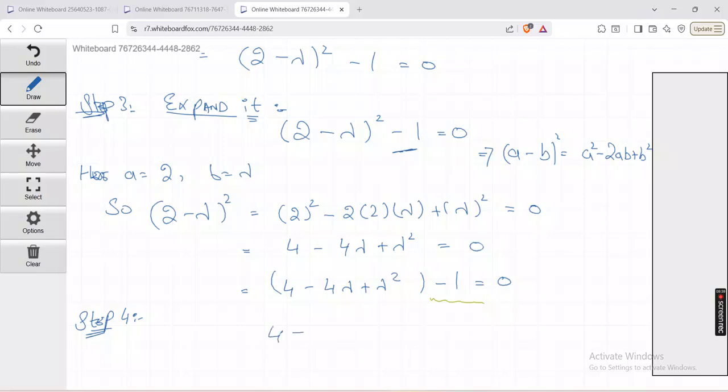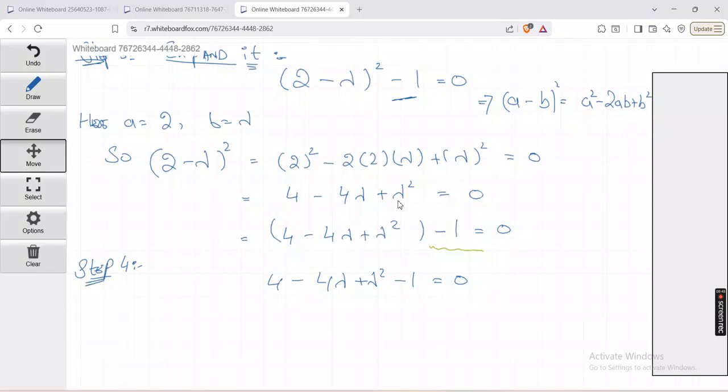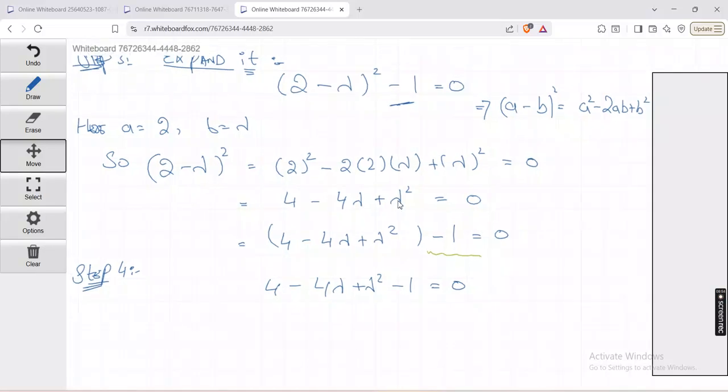So you will get this one plus lambda square minus 1 is equal to 0. We can write here, subtract minus 1 from the entire equation.